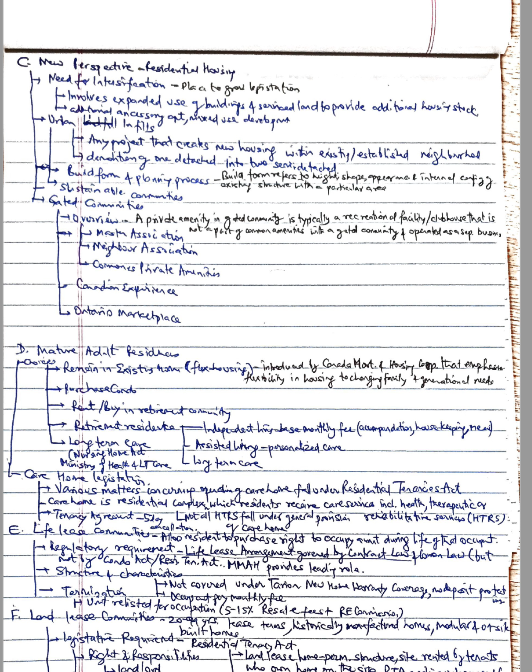Land lease communities. Land lease communities have become popular for mature adults. Lease terms vary from 20 to 99 years. Historically, manufactured homes predominated in land lease communities, but in recent years, modular homes and on-site built homes are also frequently found.